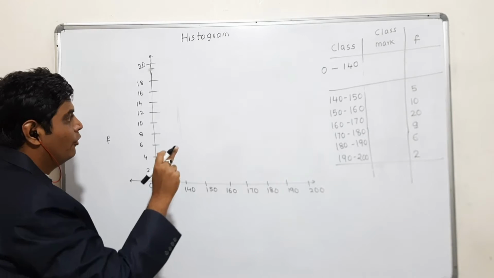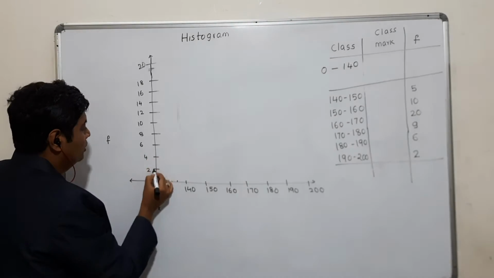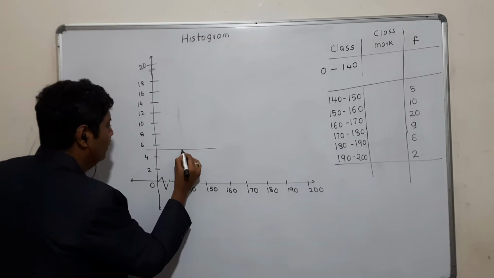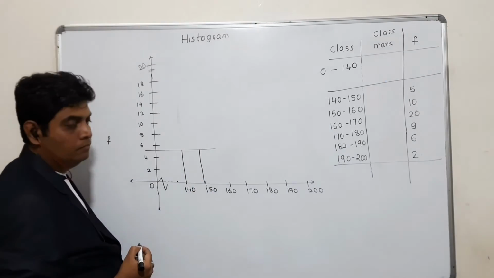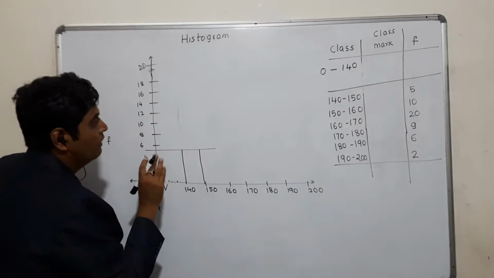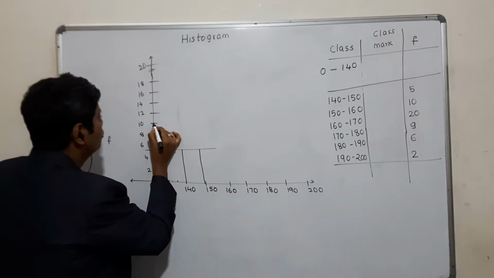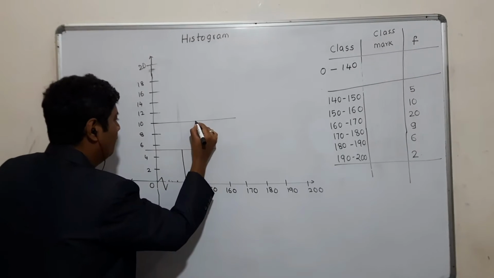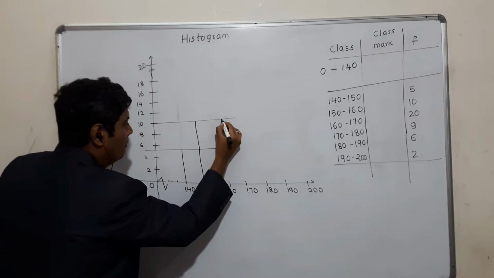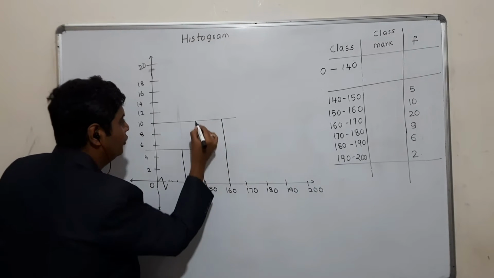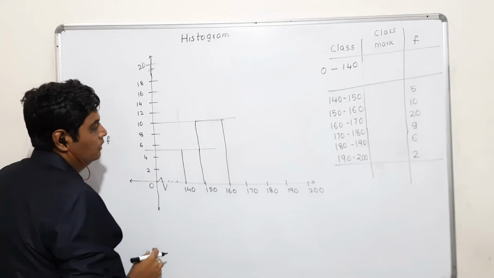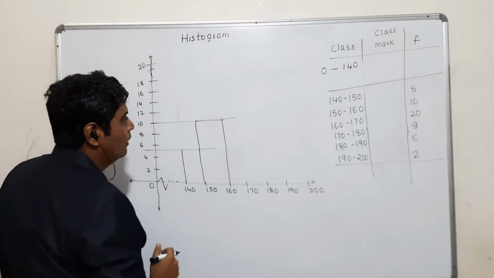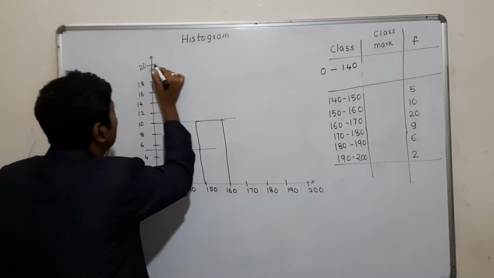Now the first class is 140 to 150, and it is 5. So this is 2, 4, and you have 5 in between. Next, 150 to 160 is 10. So you have 10 over here and you have 150. Always remember, for a histogram the classes have to be continuous. Next is 160 to 170, it is 20.